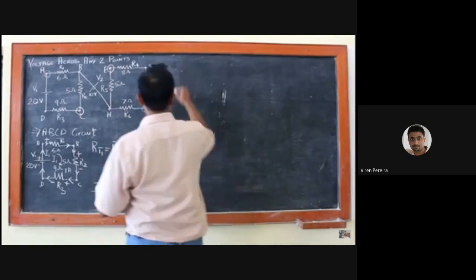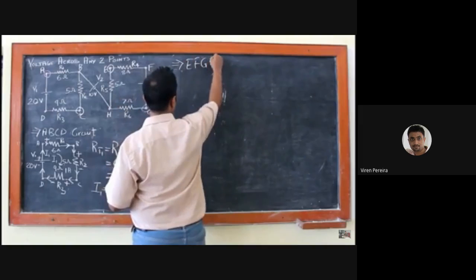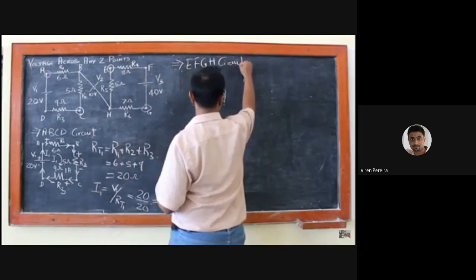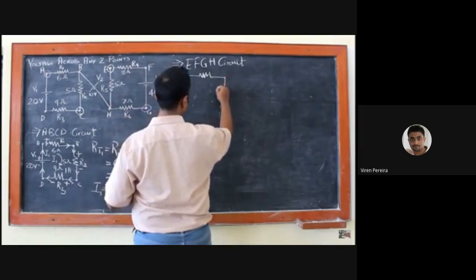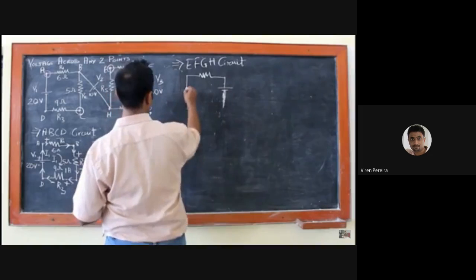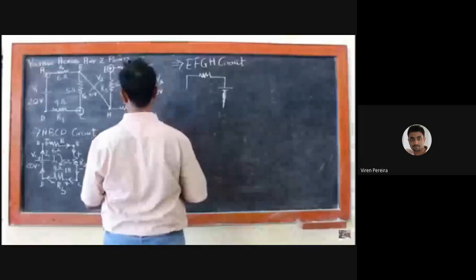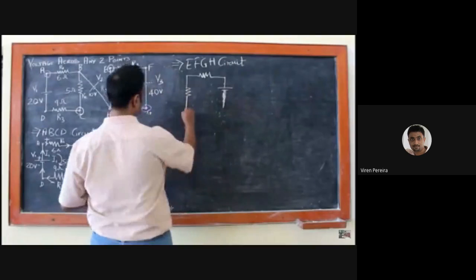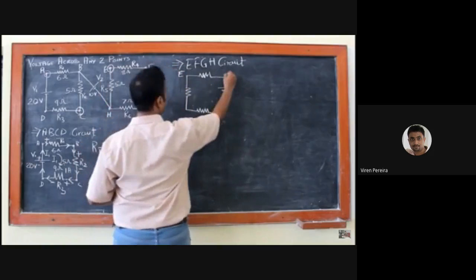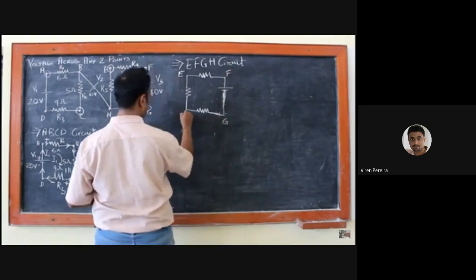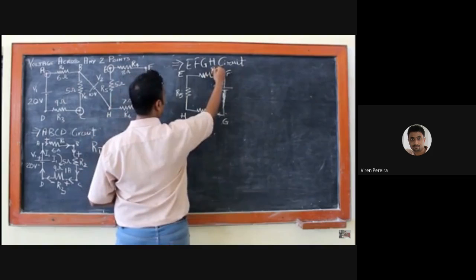So now going forward, the EFGH circuit. So I put my points E, F, G, and H. So this is my R5, this is my R6, and this is my R4.